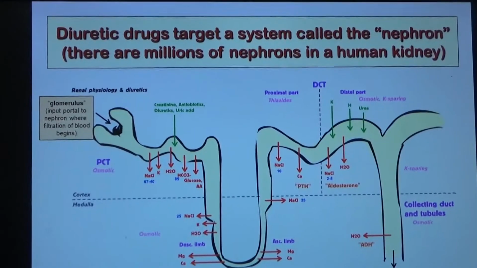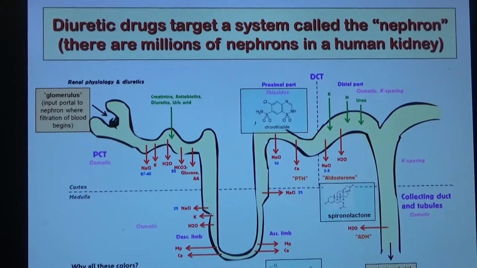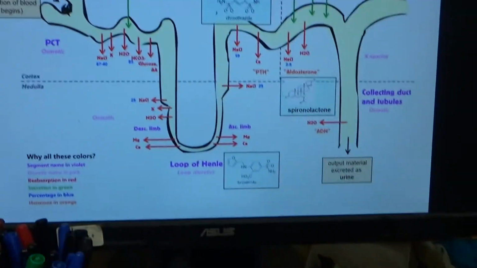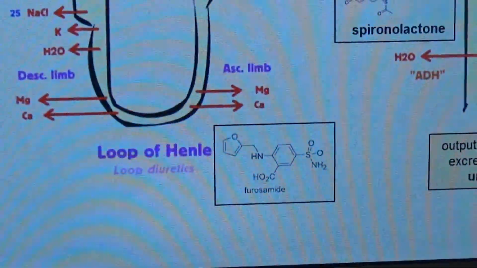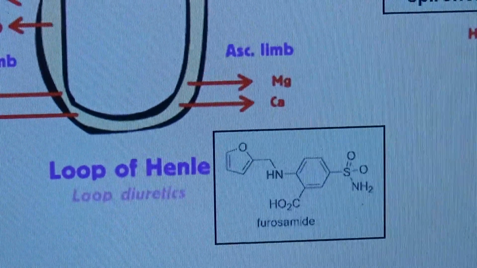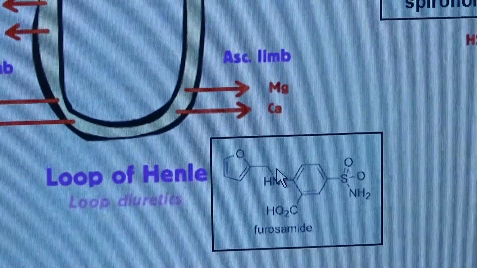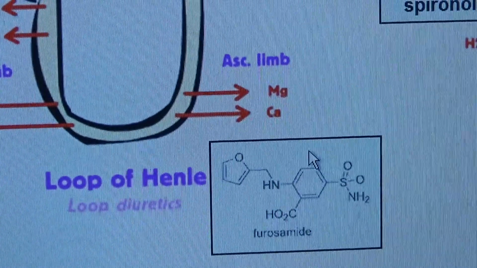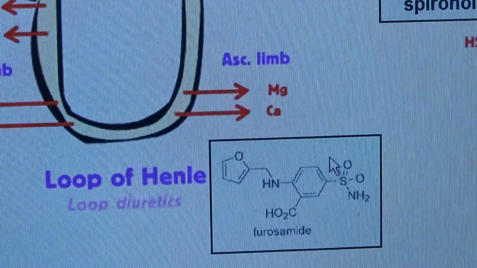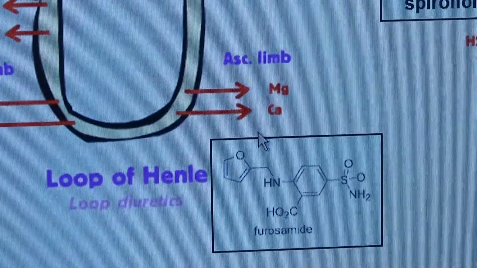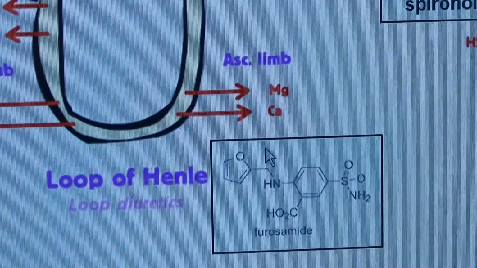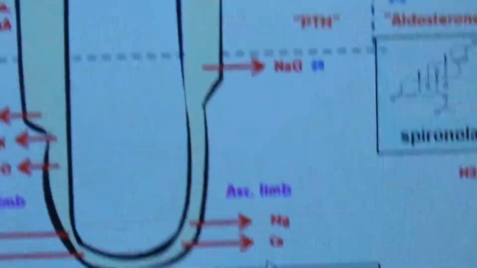Alright. Okay, so then the diuretic drugs, and there are different classes of diuretic drugs. There are the loop diuretics, like furosemide, that operate in this loop of Henle region, and it prevents uptake of things like magnesium and calcium, and that causes more liquid to be excreted, right?